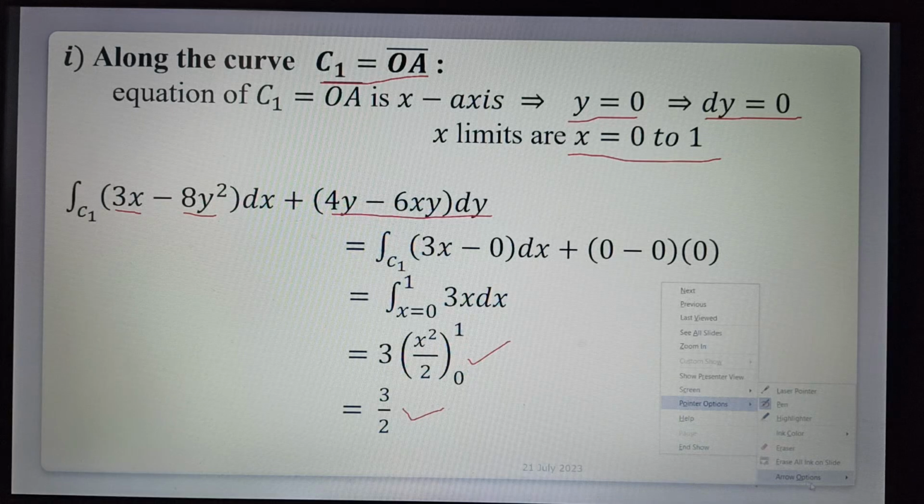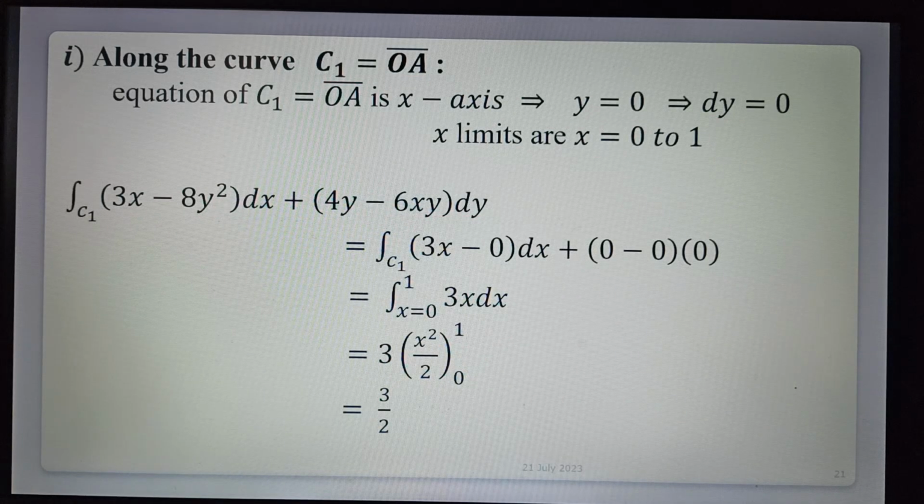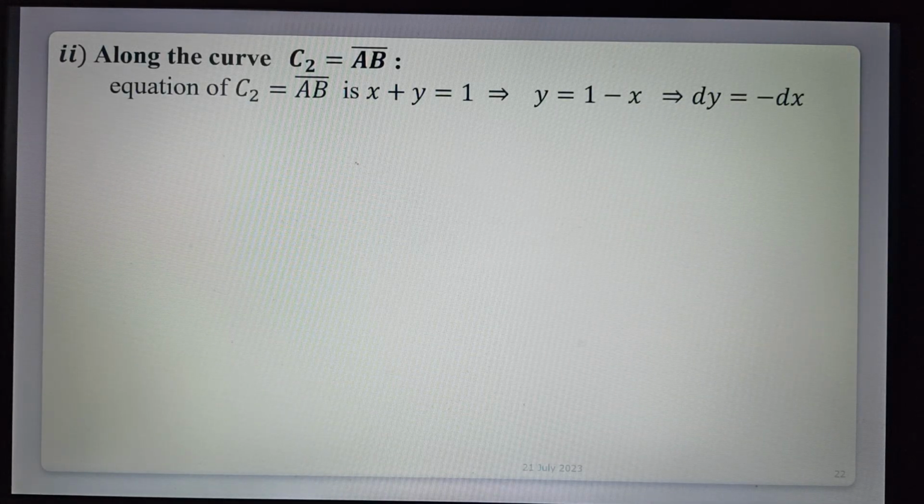Next one, along C2. Along C2, the AB line is x plus y is equal to 1. So x plus y is equal to 1 means y is converted to x. So y is equal to 1 minus x, and y is eliminated.